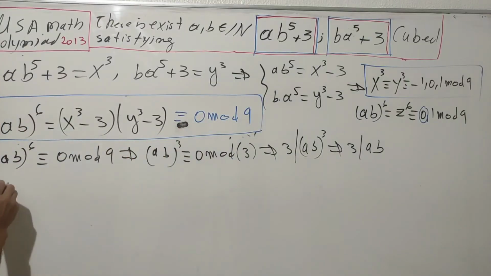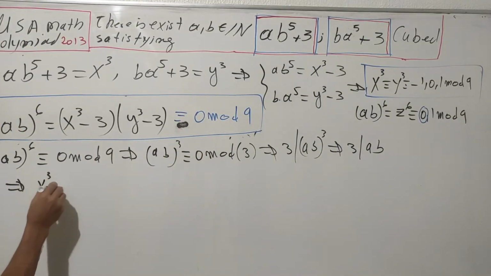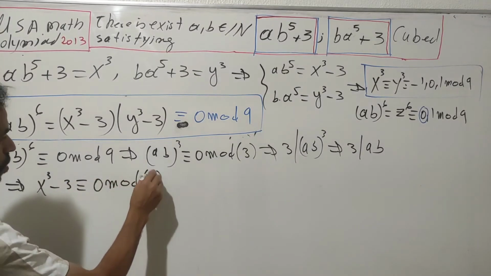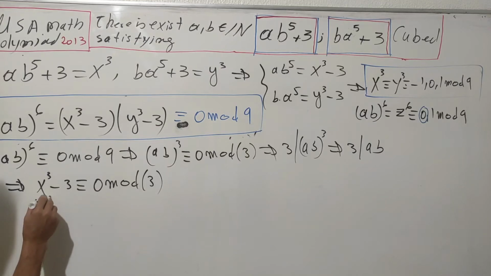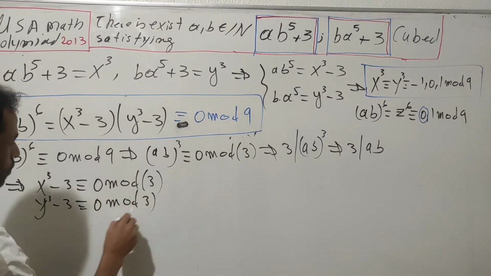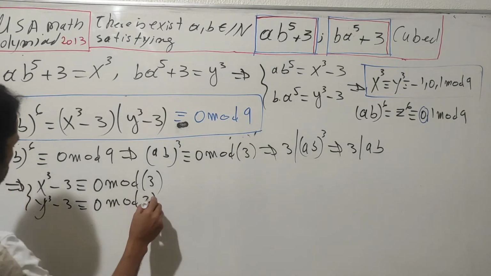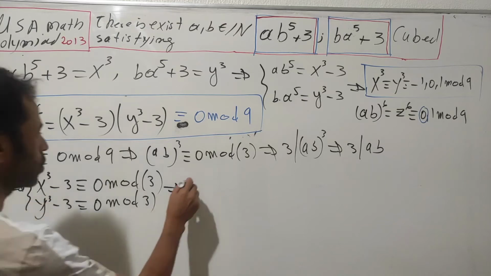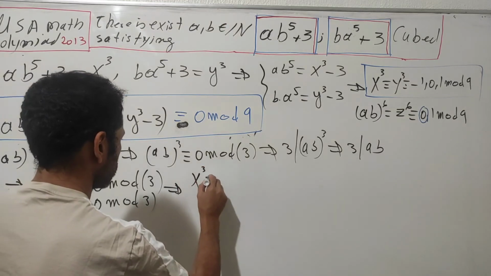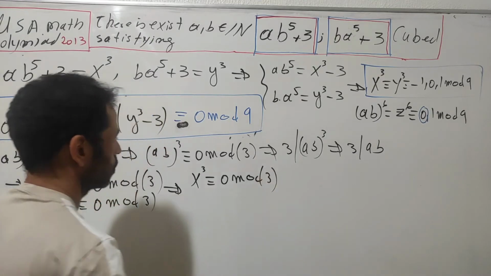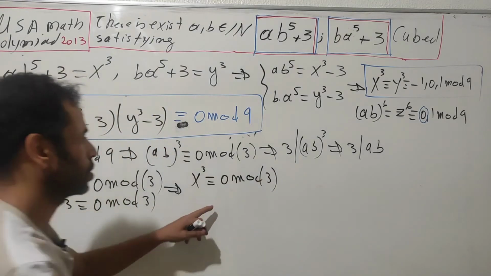This one is telling us x cubed minus 3 is congruent to 0 mod 3. We get y cubed minus 3 is congruent to 0 mod 3. So now you get 3 here, you get 0, which means x cubed is congruent to 0 mod 3. It's the same thing.